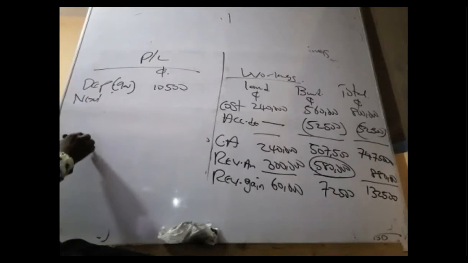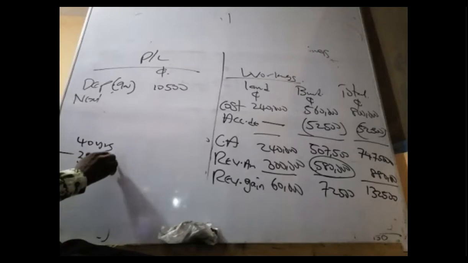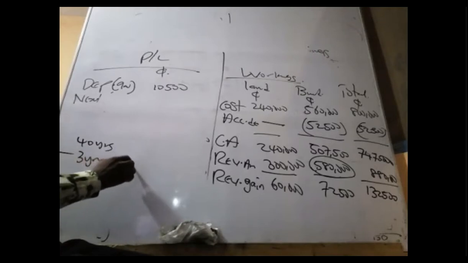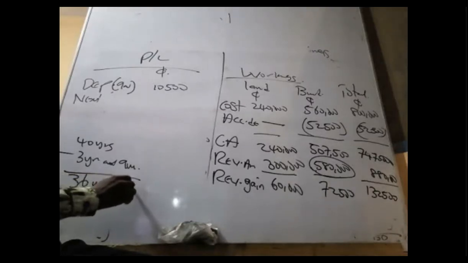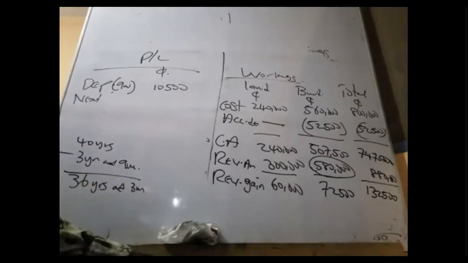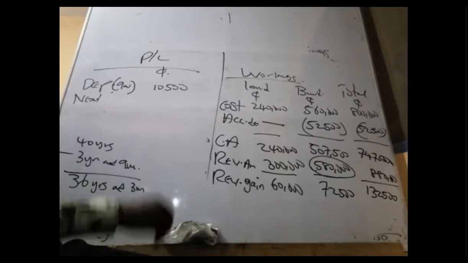So 40 years less 3 years and 9 months is 36 years and 3 months.